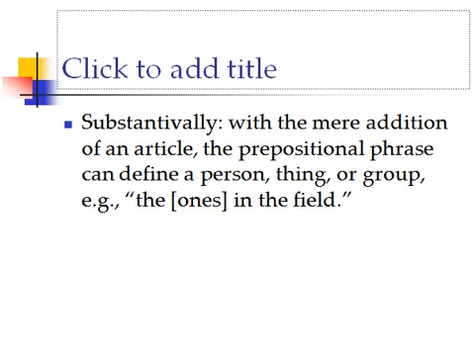The ones in the field would be an example. In Greek, all you have is the word for the and the prepositional phrase in the field, the in the field. But the Greek here would understand that to be making the prepositional phrase describe some discrete person or group of people, depending on whether or not the article is singular or plural.